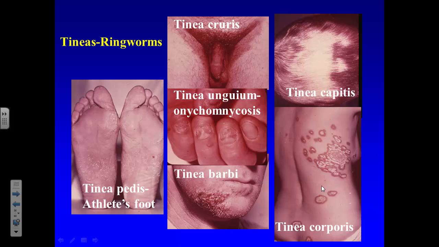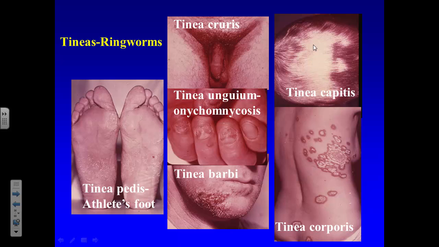But ringworms are wherever you see this inflammation. If I were to take a skin sample from here, I would find little hyphae. I wouldn't find spores in almost all cases, but I would find hyphae if I were to do a 10% KOH. Now, tineas or ringworms are named by where in the body they infect.